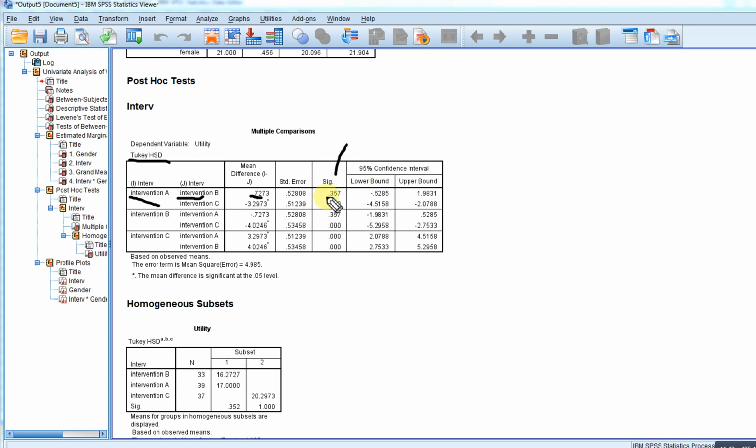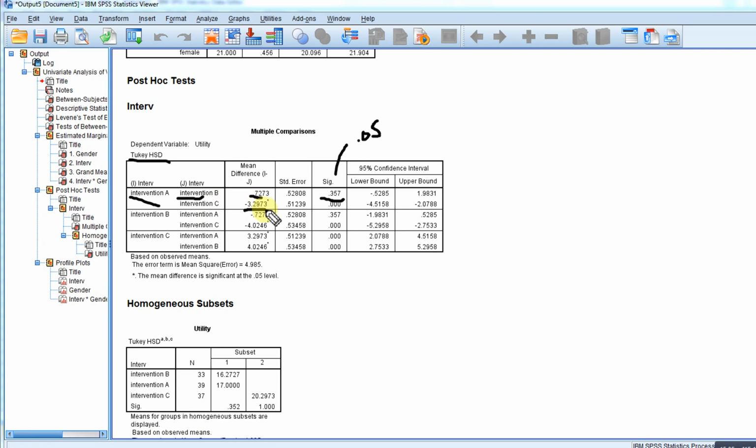So you're just comparing against the alpha level that you set. Again, conventionally it's 0.05. So you could say right here that there's no significant difference in utility scores between those in intervention A and intervention B. When we look at intervention A versus C, you can see that we get a negative value.